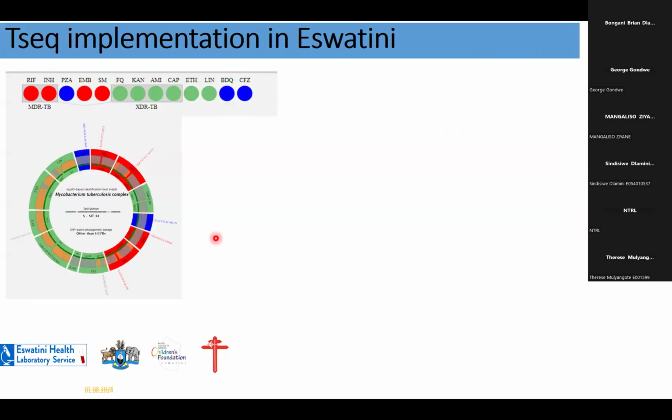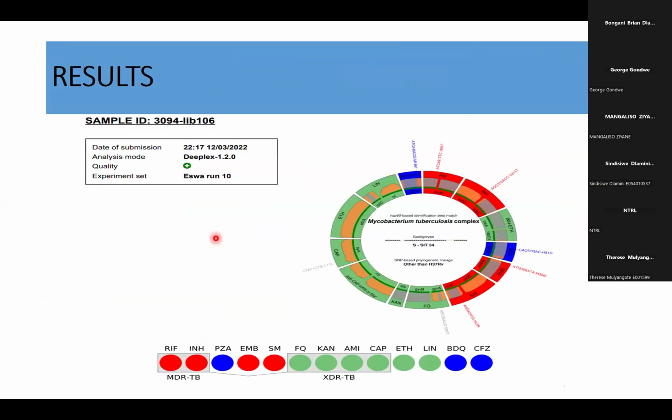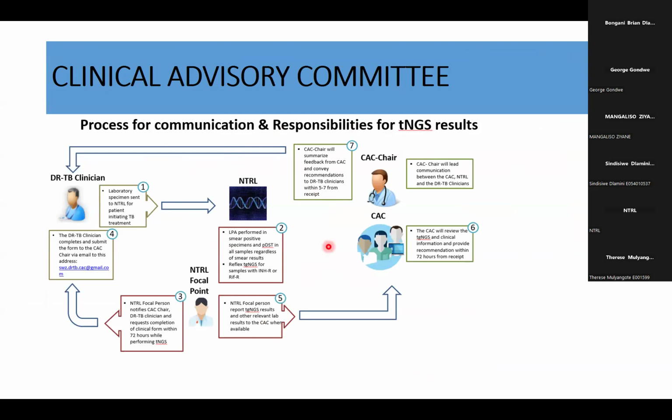Okay, once you get our results from sequencing, we send them to the clinical advisory committee. The clinical advisory committee assists with further interpretation, and then they share the results with the treating clinician. So basically what they will share is the recommended regimen. Because once we get the results for sequencing, we will find that there's a need to change the regimen.